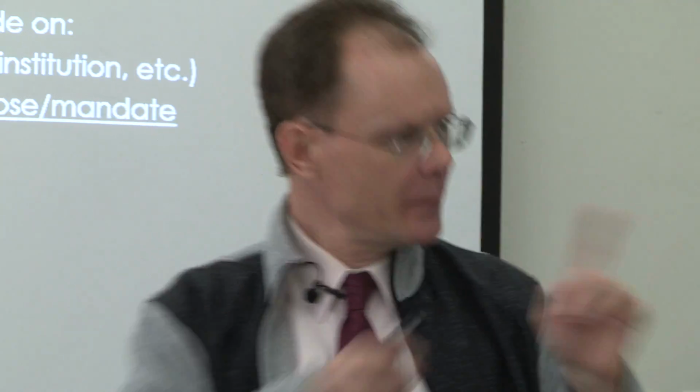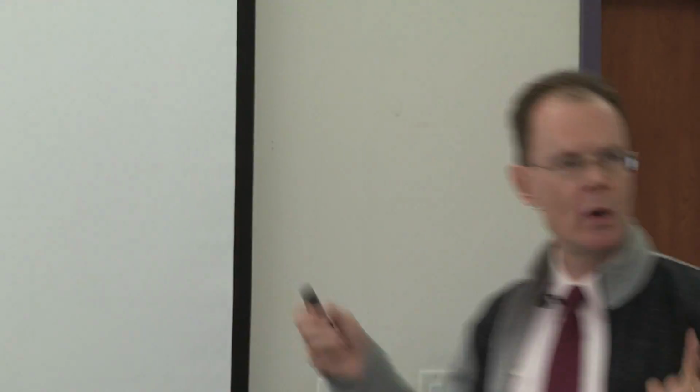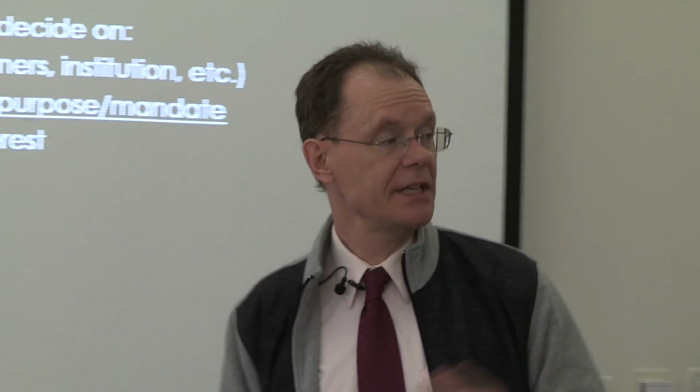You're going to have to choose one from among you. Choose one setting, choose a mandate, choose a skill or skills of interest that you would teach and want to assess in your courses.